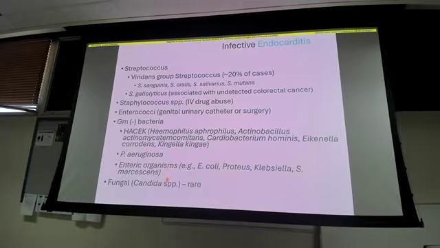These are all of the different bugs that you could potentially see. I'm not going to ask you about the bug. I'm going to say, hey, they have endocarditis and it was caused by, you're going to see strep or you're going to see staph. That's all I'm worried about for you to remember, okay? So just remember, this one is one that we're going to talk about a lot, and this one is one that we're going to talk about a lot, okay?